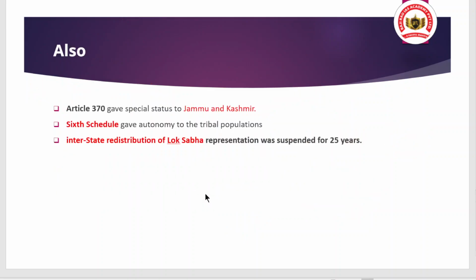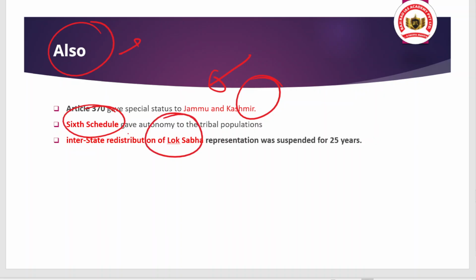And we also have provisions that give autonomy to several regions, like Article 370, which has now been ended, that gave a special status to Jammu and Kashmir, and the Sixth Schedule that gives autonomy to the tribal population, and the interstate redistribution of Lok Sabha representation, which was suspended for 25 years.